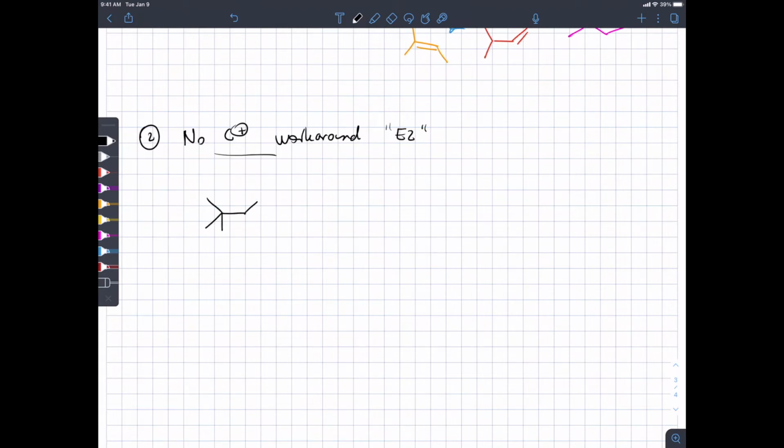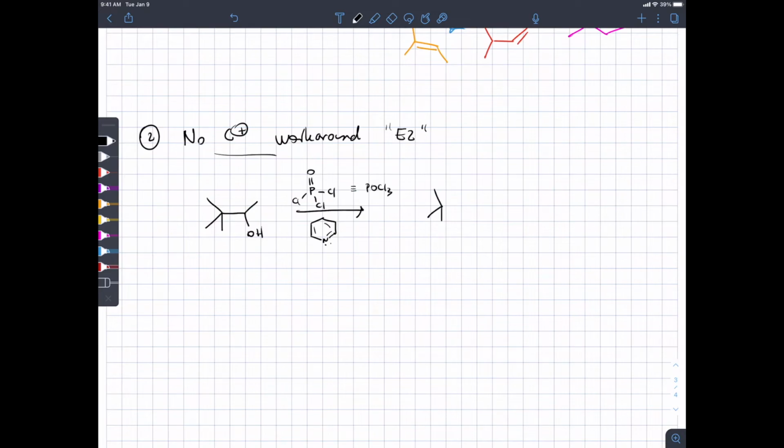I'm going to give us this secondary alcohol adjacent to a quaternary carbon. If you use the reagent POCl3, and again, we need a base, we're going to use pyridine as the base.